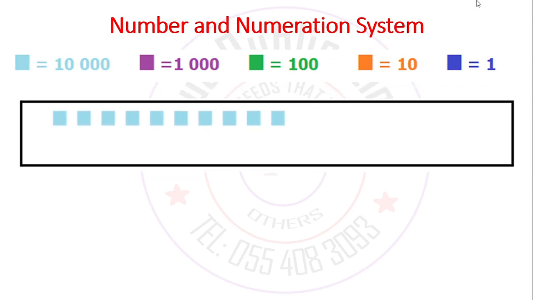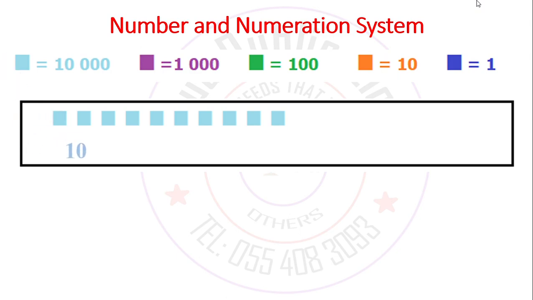How many 10,000s do we have here? 1, 2, 3, 4, 5, 6, 7, 8, 9, 10. We have 10 of them.